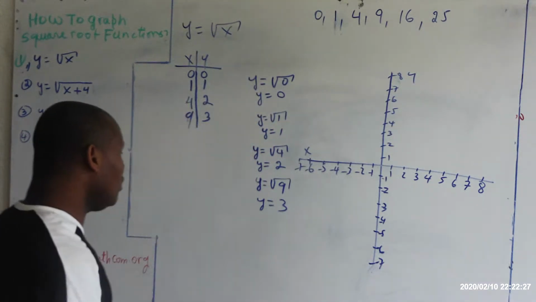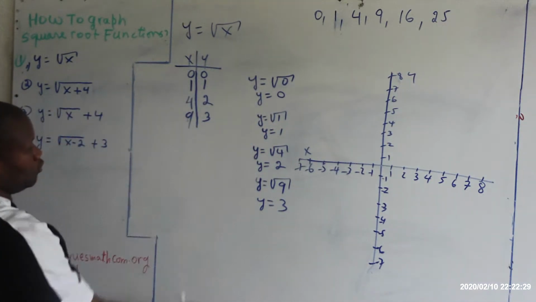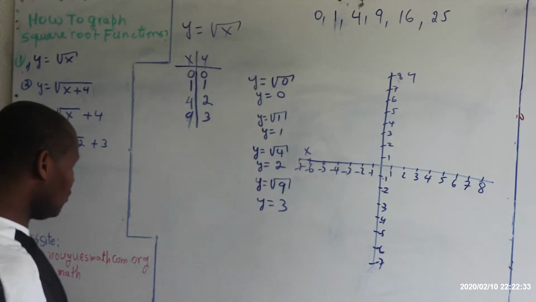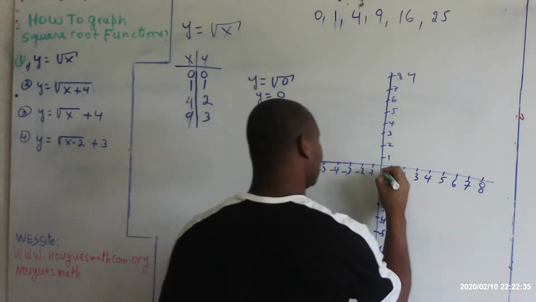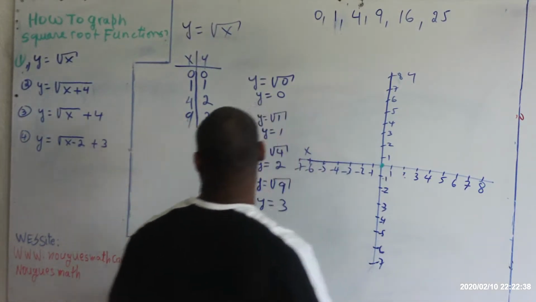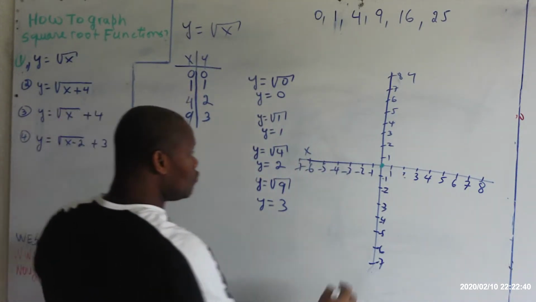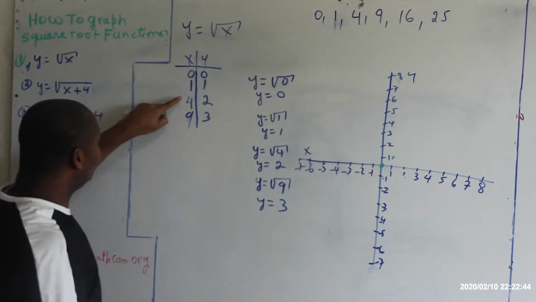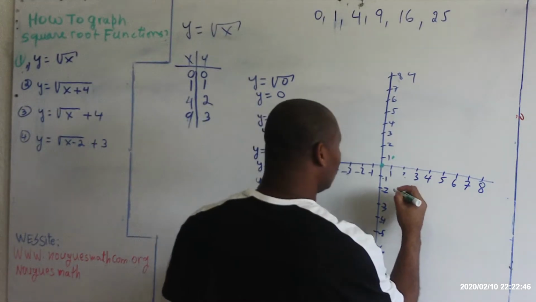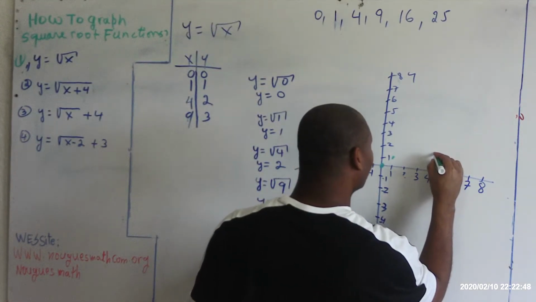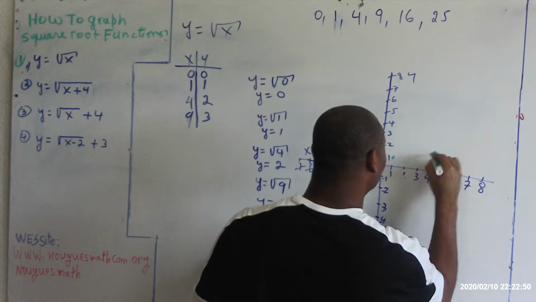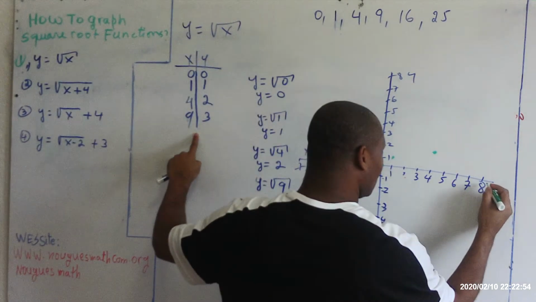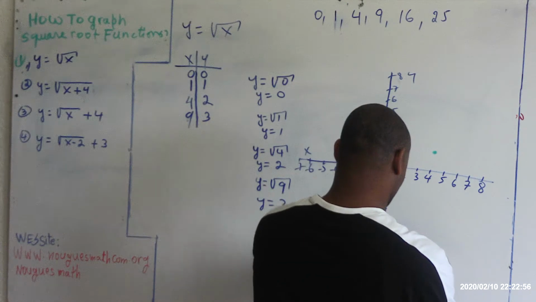So we're going to plot the points. We have those points right here, so that's going to be easy to see. 0, 0 is the center. You plot the center right here. And we have 1, 1, right here. We have 4, 2, right here. And we have 9, 3. Let's put a point for 9 right here.